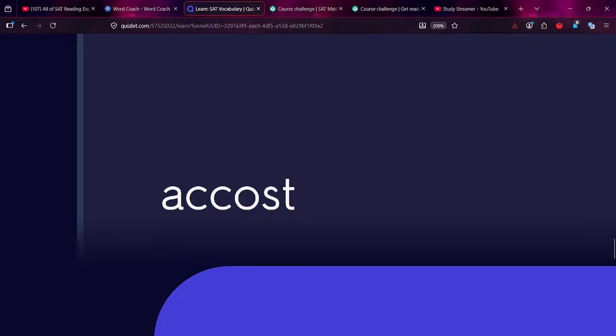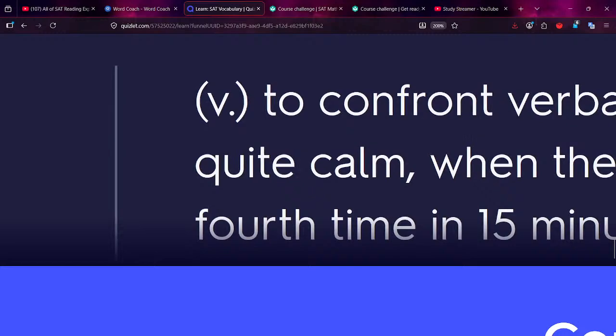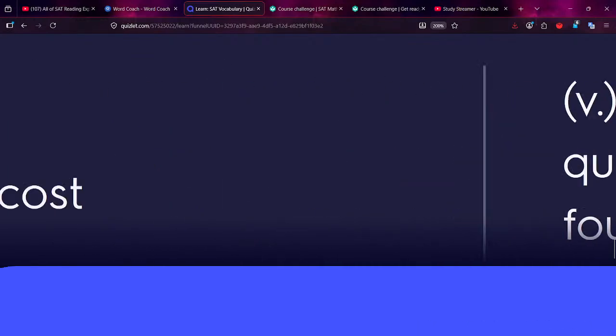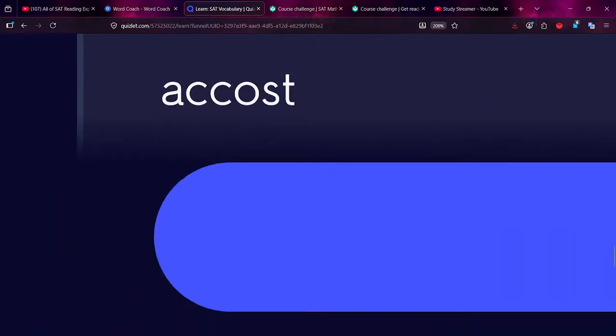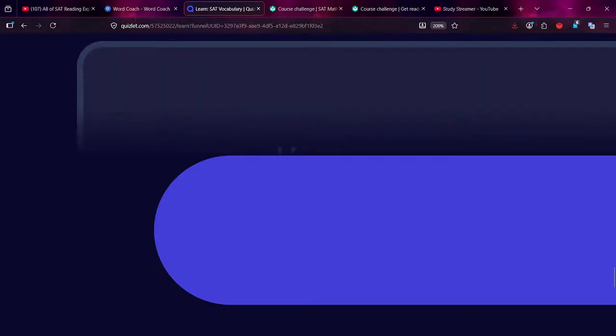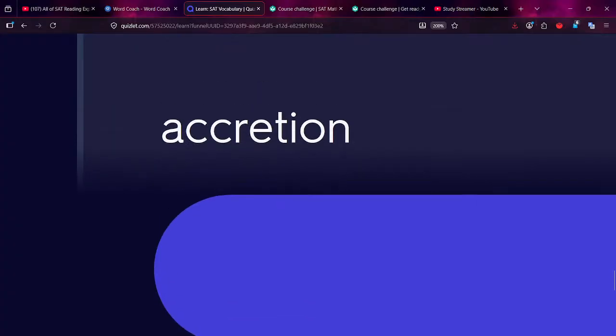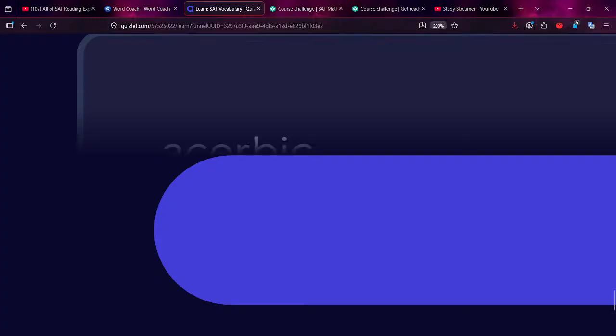I'm not sure. To confront verbally, accost is going to be to confront verbally. Accretion is slow growth. Acerbic is bitter.